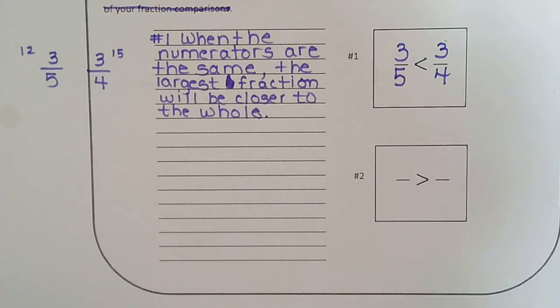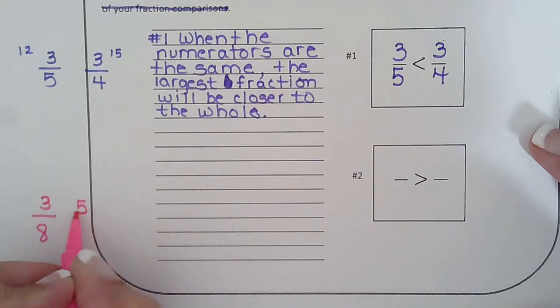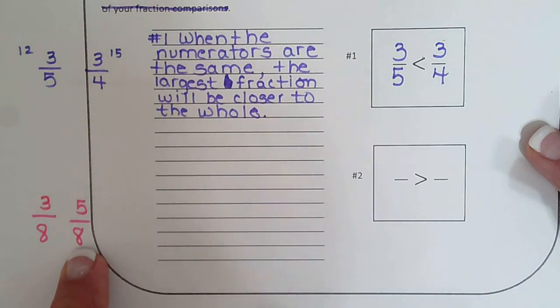Okay, now let's do one where the denominators are the same. So let's do 3/8 and 5/8. Okay, so we all know 5/8 is larger, right? It's closer to the whole. And when the denominators are the same, we pick the largest numerator.